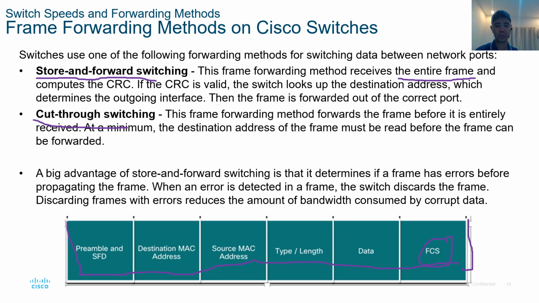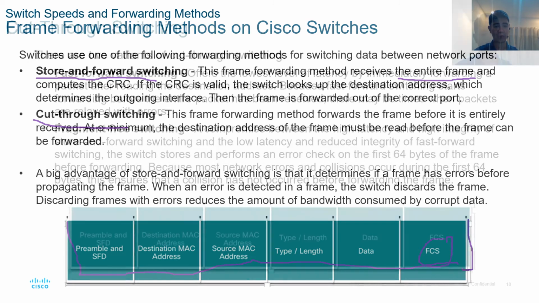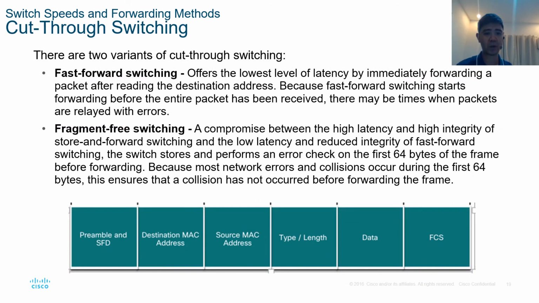For cut through, there are two types. First is what we call fast forward. With fast forward, it improves the latency issue in store and forward.